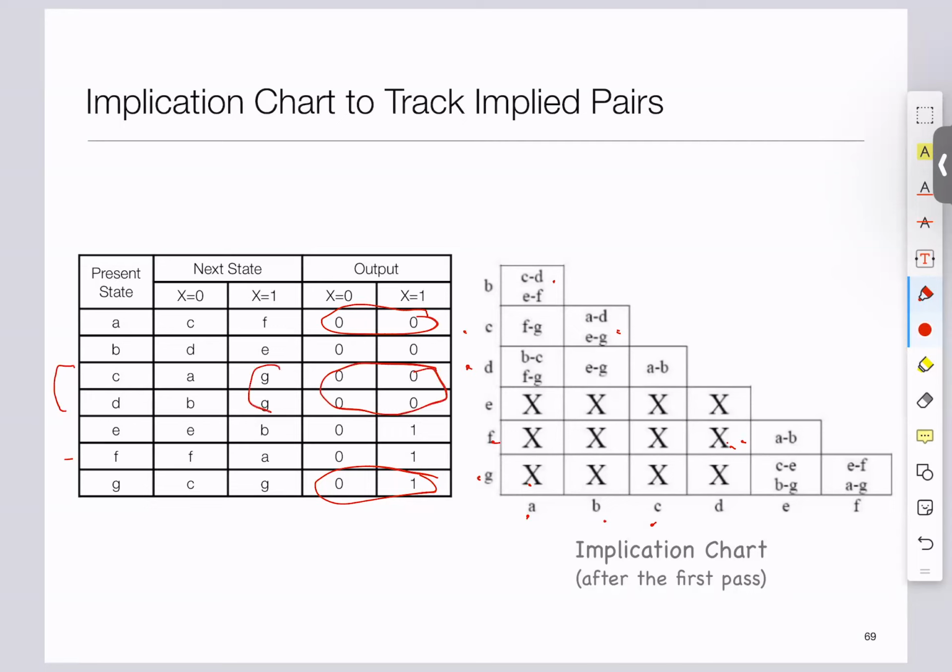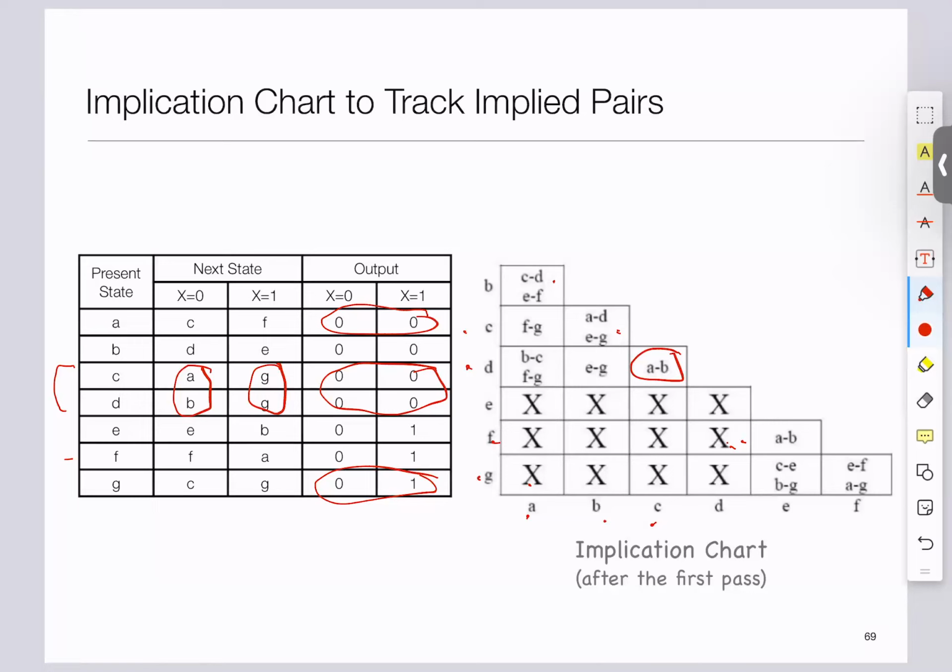And then G is equivalent to G, but A, B. So that's why you see it's basically saying D and C are equivalent if A is equivalent to B. So the entries inside the boxes give the condition under which the equivalence would be true.